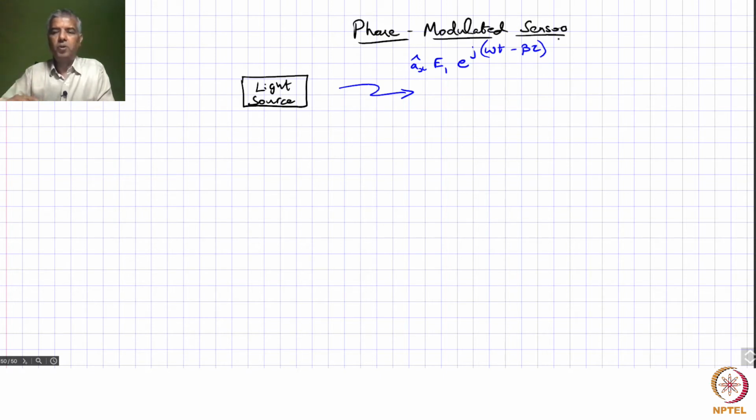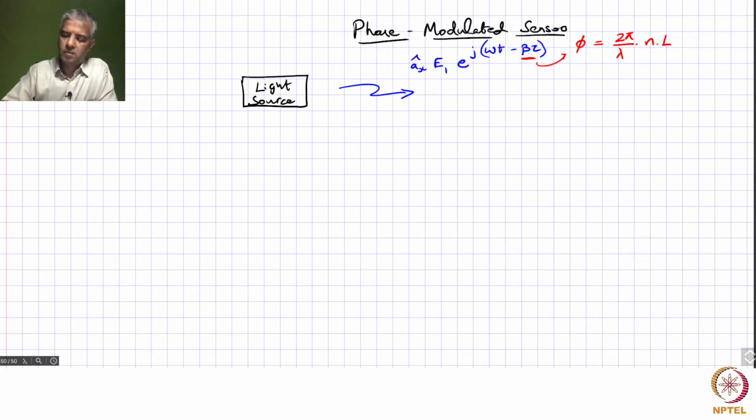But when we talk about phase modulated sensors, we are primarily interested in this beta z component, which we can represent by phase phi, given by 2 pi over lambda multiplied by the refractive index multiplied by the length of propagation over z, let us call that length L. So, phase is the propagation.